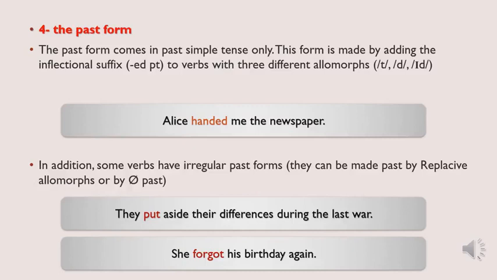Now it's time to move to the fourth form in the verb paradigm, which is the past form. The past form can be found in the past simple tense only. We can find the past form in the past simple sentences. This form is made by adding the inflectional suffix ed past to verbs with three different allomorphs, t, d, or id.